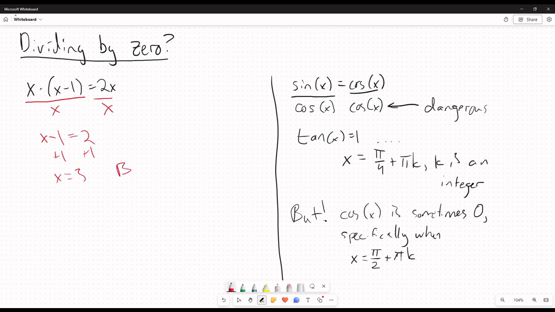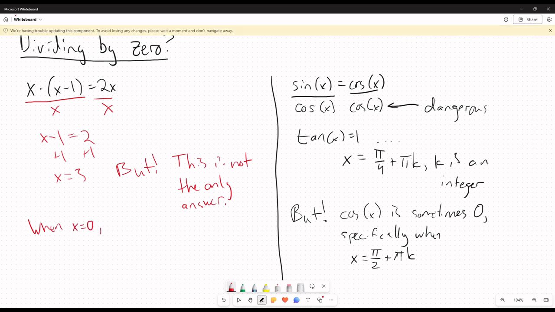But this is not the only answer. In fact, when x equals 0, we have that x times x minus 1 equals 2x.